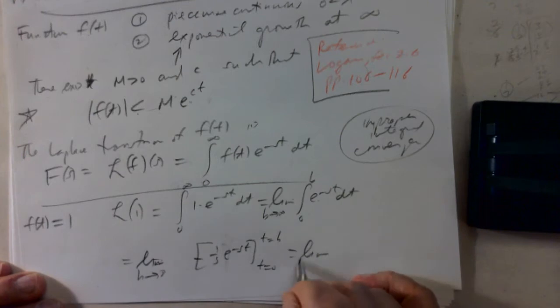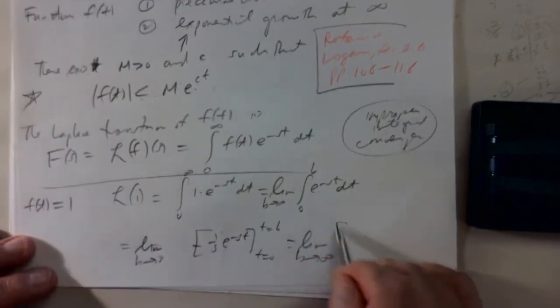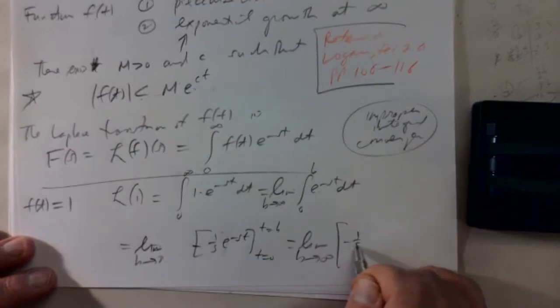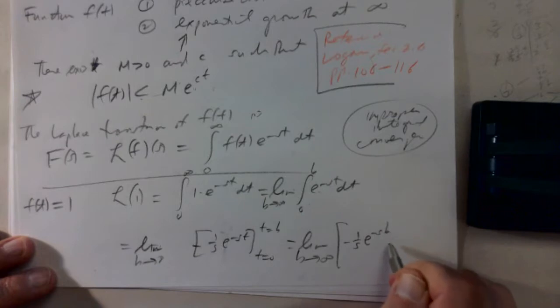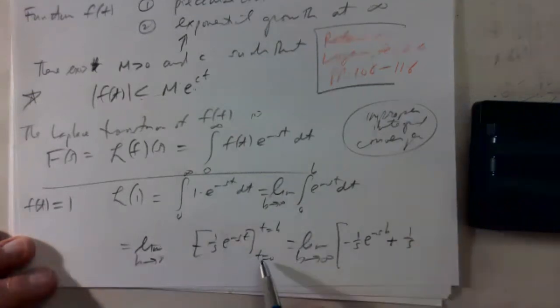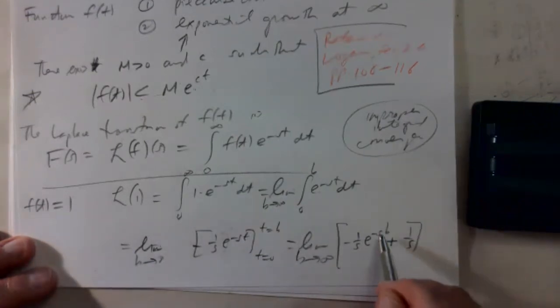That's the limit as b goes to infinity of minus 1 over s e to the minus sb, minus 1 over s, which is plus 1 over s at t equals 0.